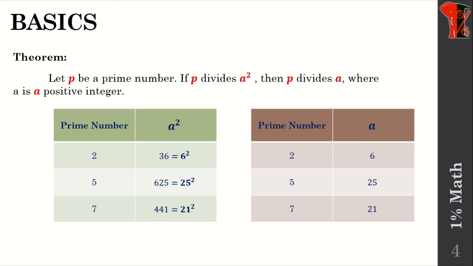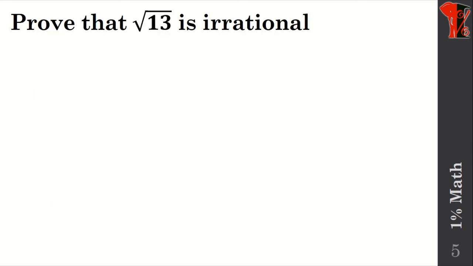You can see this: 2 divides 6, 5 divides 25 and 7 divides 21. That's what the theorem means. If a prime number divides the square of a number, then the same prime number divides the number also. Let's move on to the proving part.